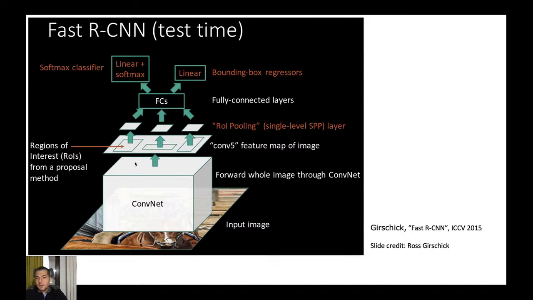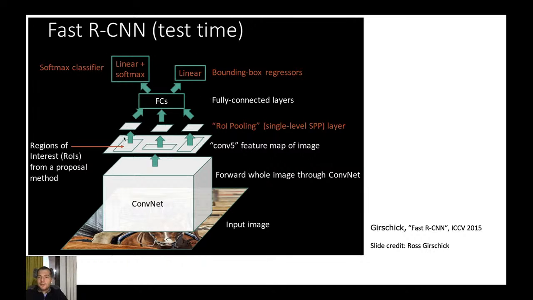So if here we have a large bounding box that corresponds to this region, it will correspond to a bounding box in the same location. We have to rescale the region proposal with respect to the size of the activation map.